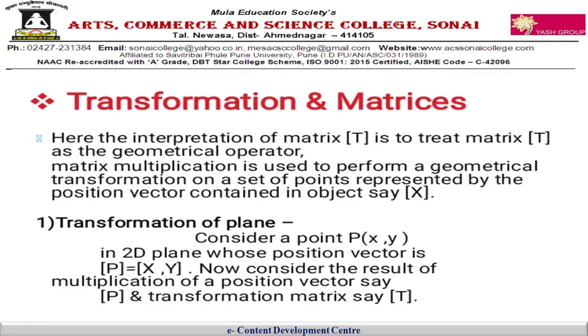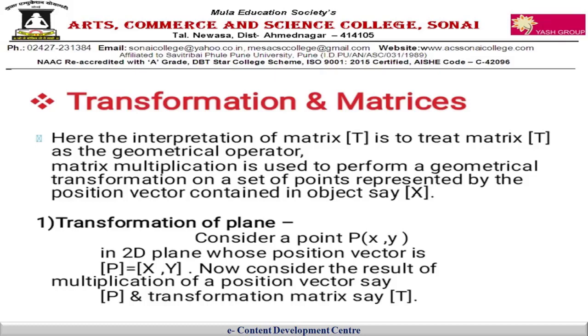The next topic is transformation and matrices, that is, the relation of transformation and matrices. Here the interpretation of matrix T is to treat matrix T as a geometrical operator.